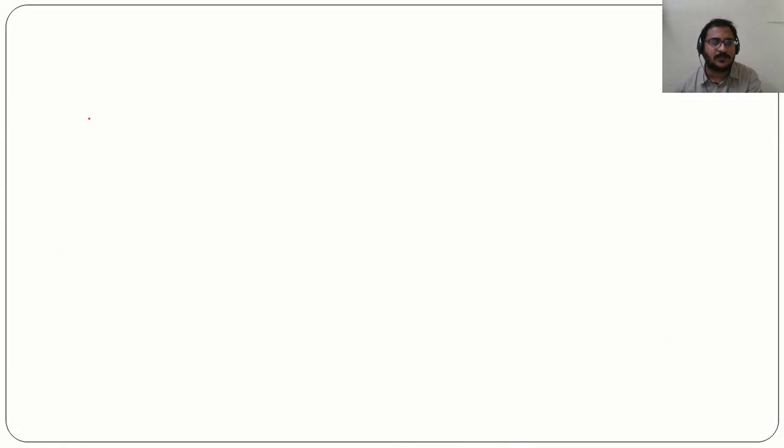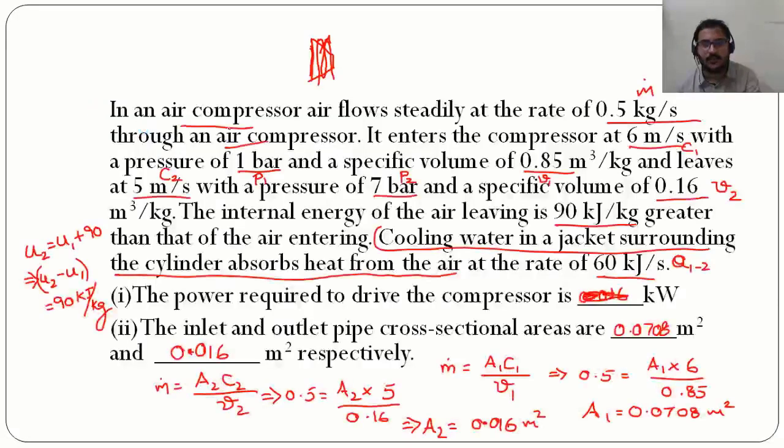So the expression that you have to take is m dot, mass flow rate, into the parameters that were given. Velocities are given, pressure is given, internal energy variation is given. So we need to find the power required.